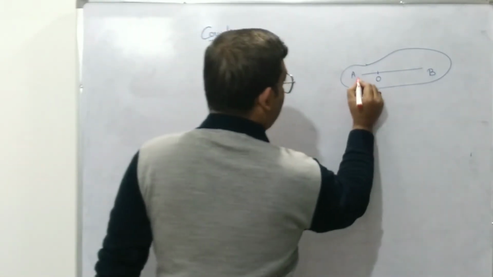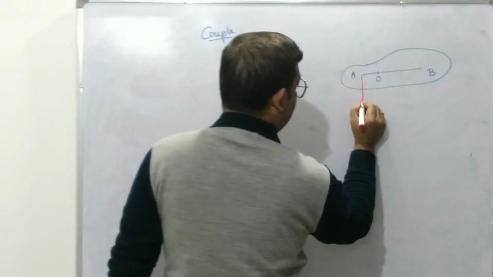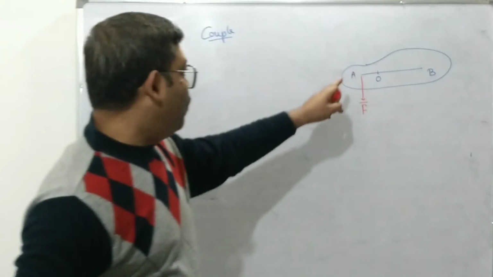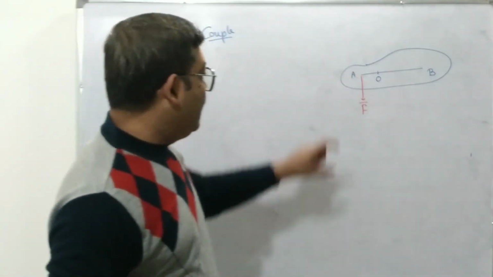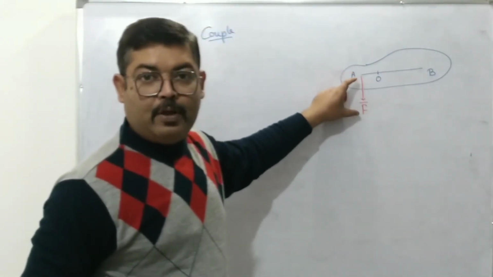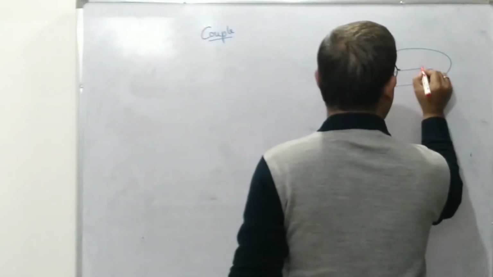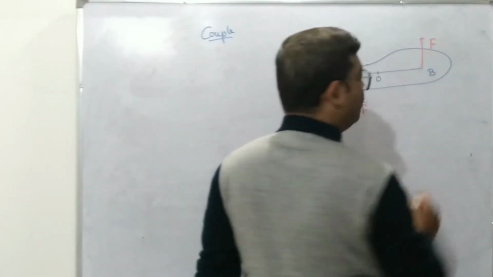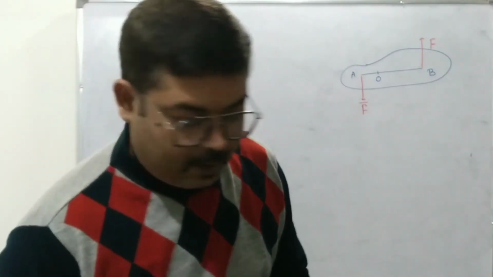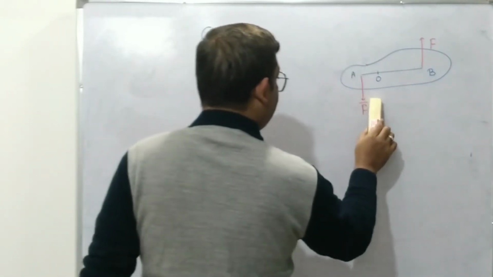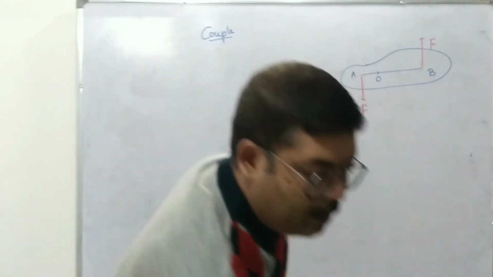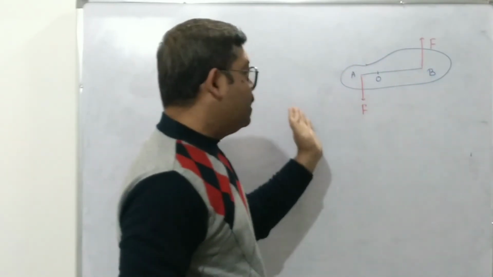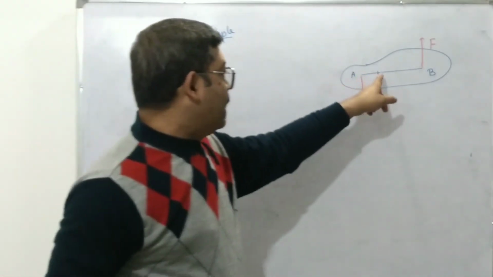Now let us say we apply a force F at point A, and we apply a force of equal magnitude but opposite direction, that is to say minus F, on the other arm. We are considering only the magnitude of the force. So we are applying two equal and opposite forces at two different points on either side of the axis of rotation.